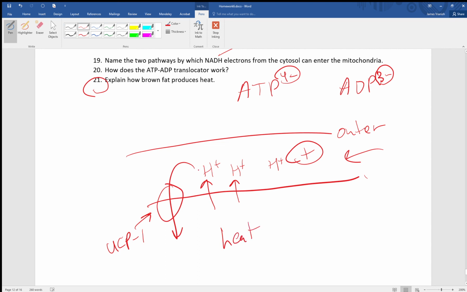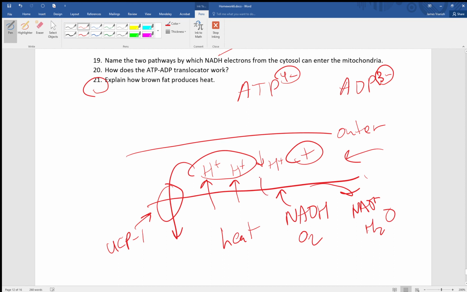In addition, because now the proton gradient is lower, this actually leads to the electron transport chain wanting to work in overdrive. It wants to use more NADH and more oxygen to generate NAD plus and water.